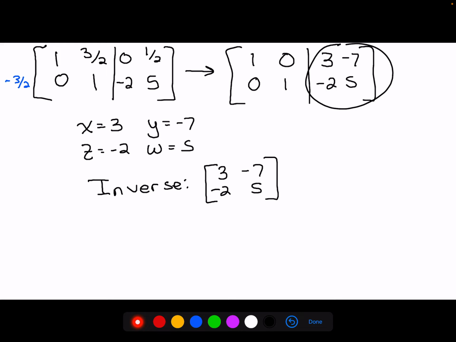Now, if you want to confirm or verify that two matrices are inverses of each other, it's sufficient to just do A times B and show that that comes back as the identity matrix. You don't have to also go back and show B times A. That's something to confirm.